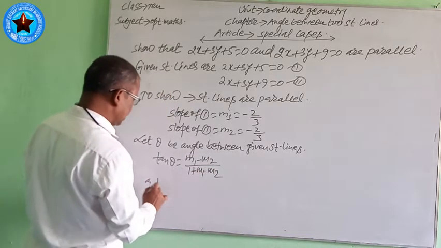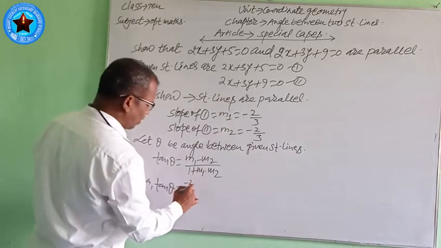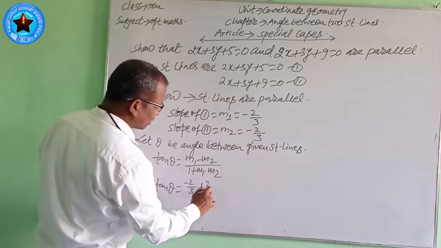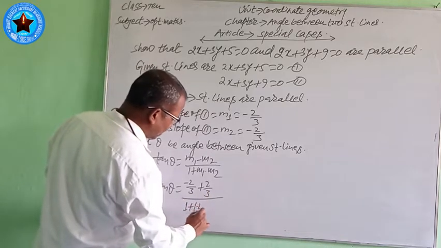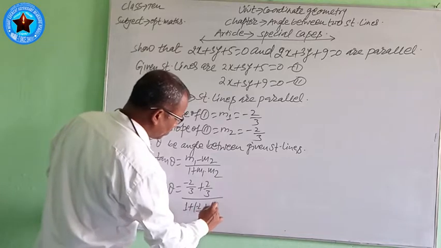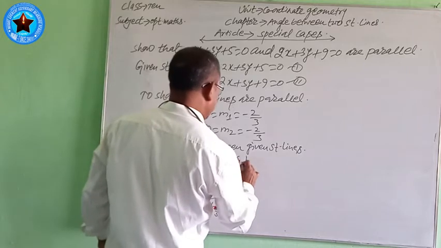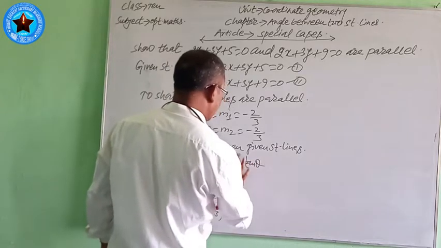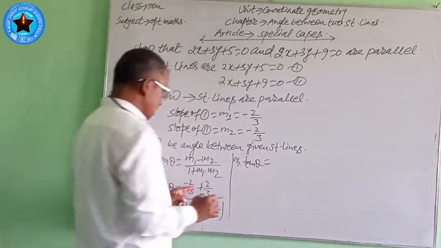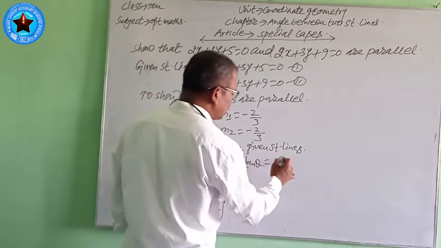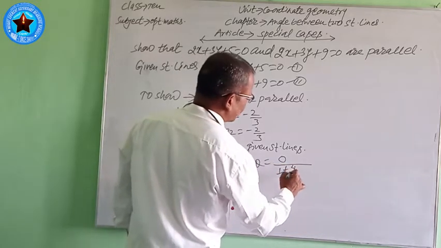Now substituting the values, m1 is minus 2 by 3, m2 is minus 2 by 3, by 1 plus (minus 2 by 3) into (minus 2 by 3). Tan theta equals (minus 2 by 3 plus 2 by 3), it gives 0, by 1 plus 4 by 9.